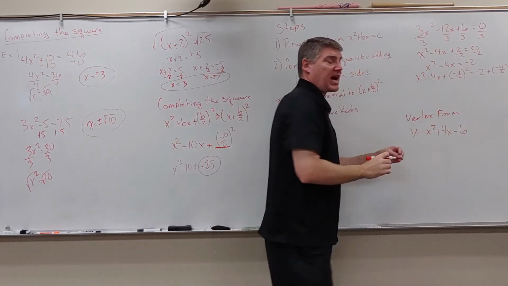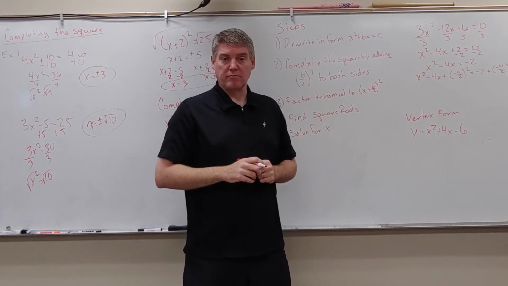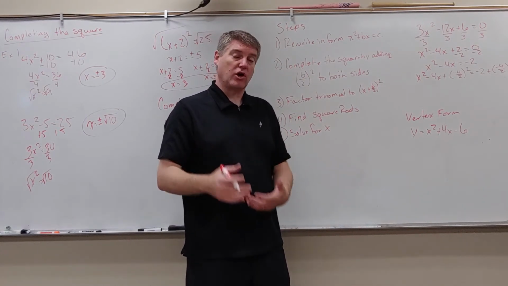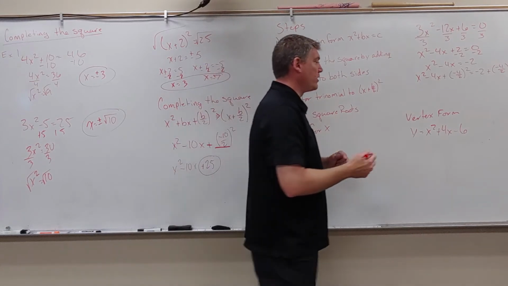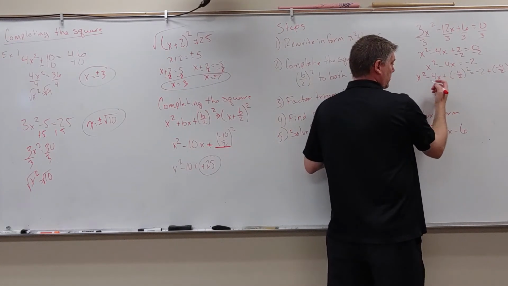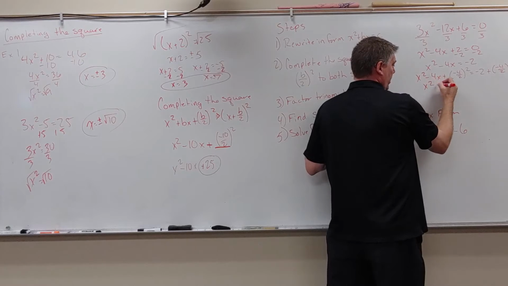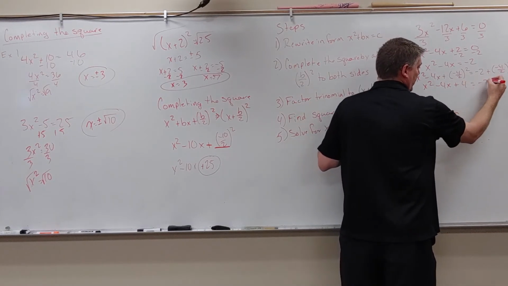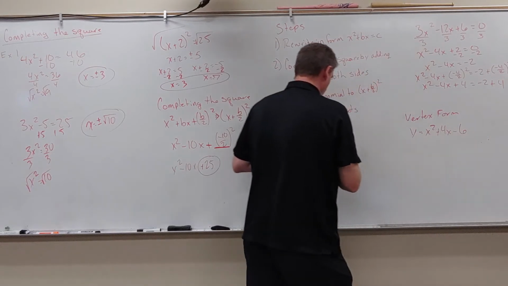I don't really have to worry about that negative, because anytime I square a negative, it goes away. So now this becomes x squared minus 4x plus 4 equals negative 2 plus 4.